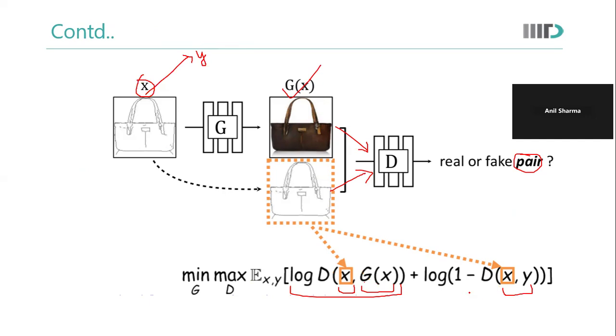This is how the min-max loss function is modified when we consider this additional conditional information as the input of the discriminator. The generator stays the same. The random noise is replaced by this conditional information, but the discriminator takes two inputs. So the min-max loss function is modified in this particular way.